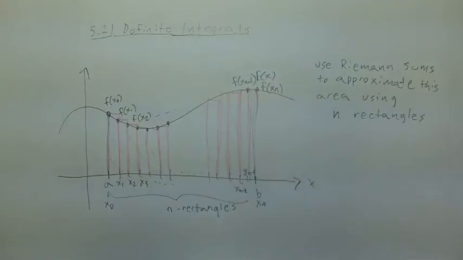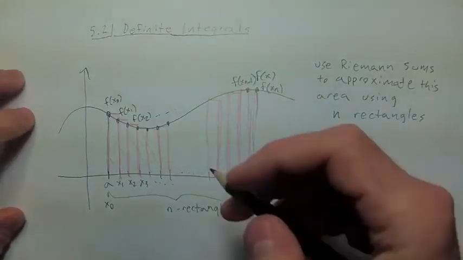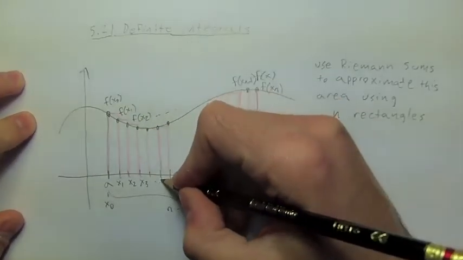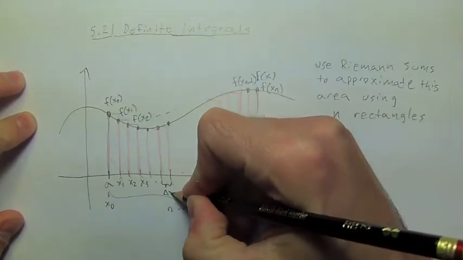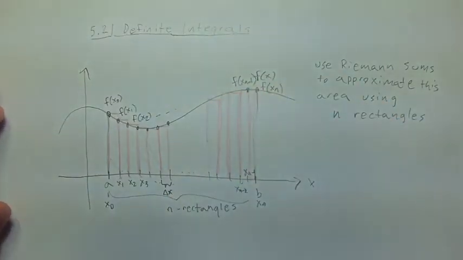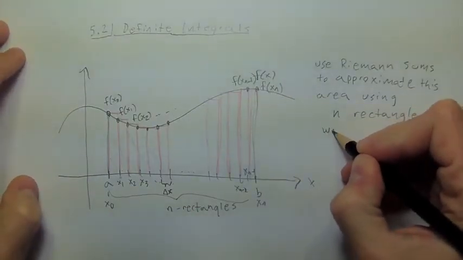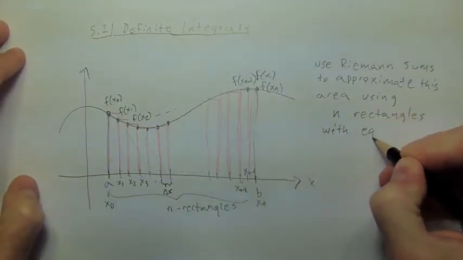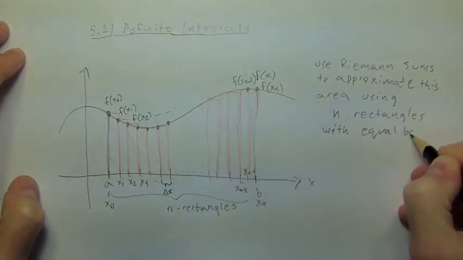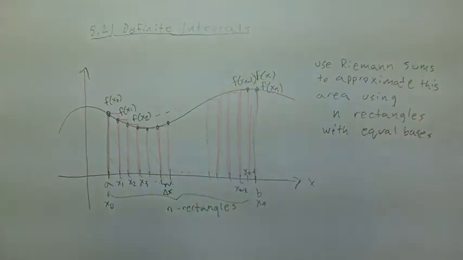What we really need to know now is where we get the base from. So I'm going to call the base, well, it's going to be our step size, delta x. Right? That's going to be our change in x. And we're splitting this into even rectangles. So I'm going to say with equal bases. Okay, we don't want to mess with different base sizes or whatnot.